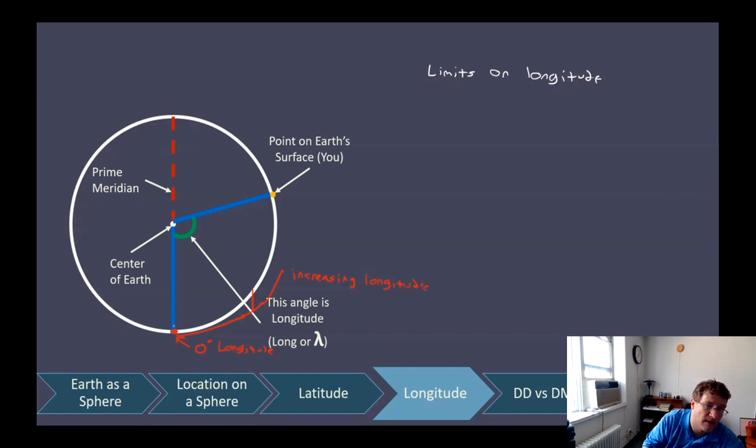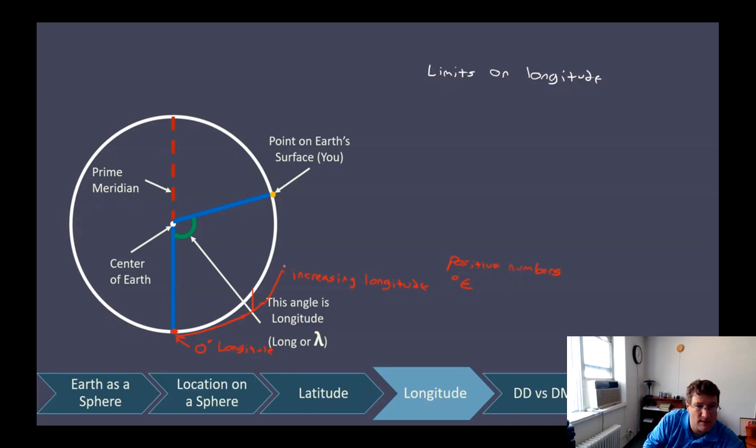Meaning that we represent going east of the prime meridian as increasing longitude, so we represent this with positive numbers. Or you will see this with a degree sign and then an E. So anytime you see degrees east or a positive number in reference to longitude, you know that we're talking about going east of the prime meridian.